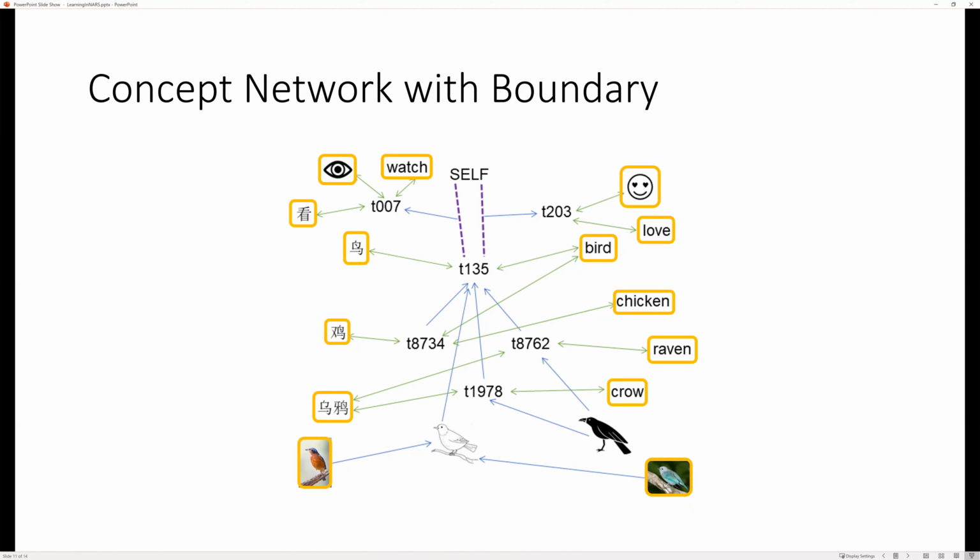Also, the meaning of a term is determined by its relation with other terms. Okay? For example, what this one means. The meaning is partially revealed by its relationship with words in English and Chinese, and partially revealed by its relationship with images, as well as its relation with other terms.